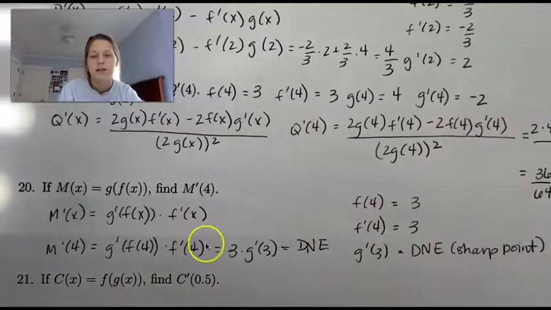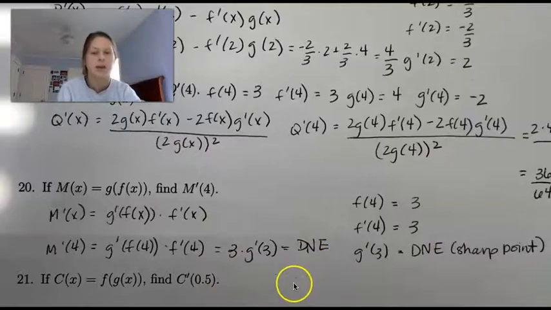And since g prime of 3 does not exist, the answer to the whole question is does not exist, because you can't multiply 3 times doesn't exist. So you just get does not exist, D and E, for the answer to number 20.